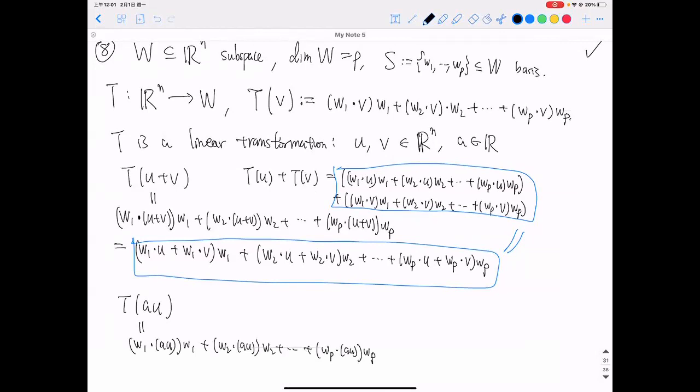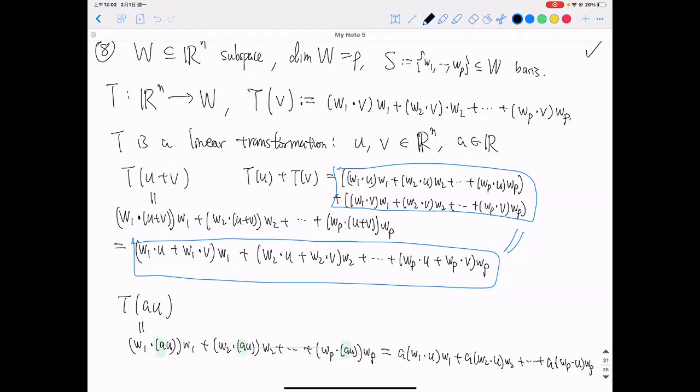And now there's another property that you can use about the dot product: when you have a scalar, in this case A, multiplied to your vector, you can pull out that scalar. That'll give you A (W1 dot U) W1, A (W2 dot U) W2, up to A (WP dot U) WP.